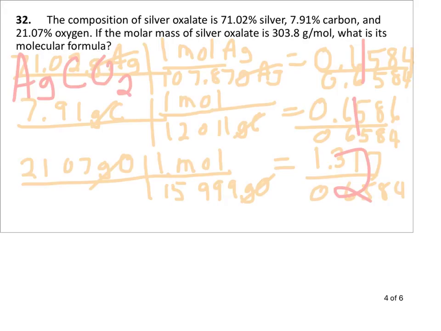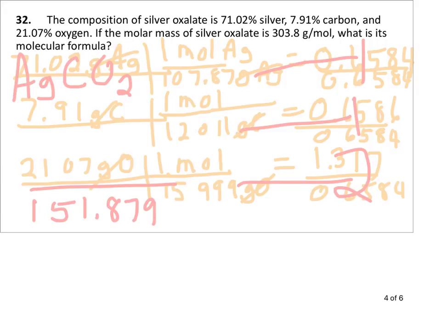And again with a little multiply and multiply, multiply and add, we can find the molar mass of that empirical formula gives us 151.879. And we were told we had 303.8. We divide those two things and get a 2.